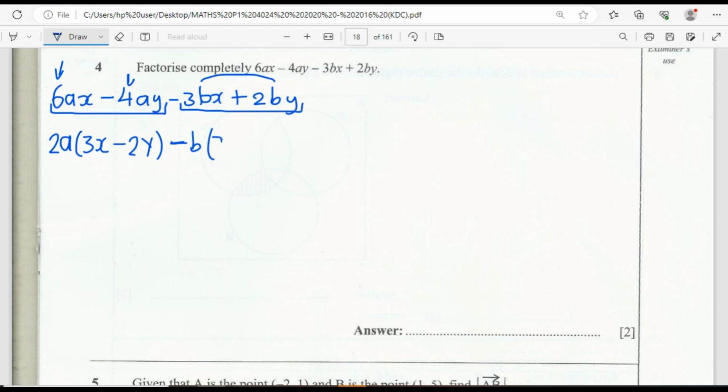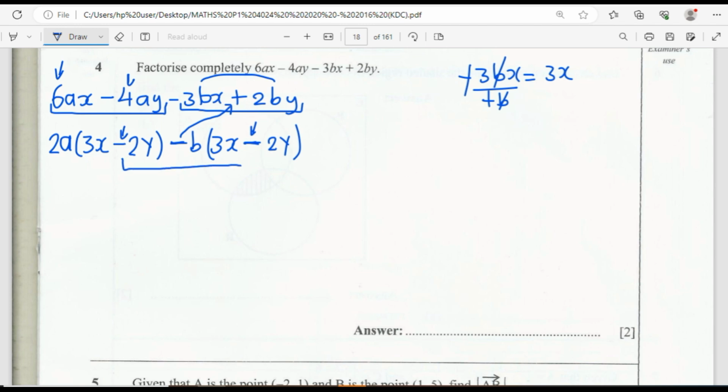So this is the same as negative 3bx over negative b, and the b will cancel, giving us 3x. Then here, this negative into this positive will give us the negative. So we can see that we need to have the same signs here. Then we have taken out the b, so this will give us 2y. So we can see that these are the same. Then our answer is making sense.